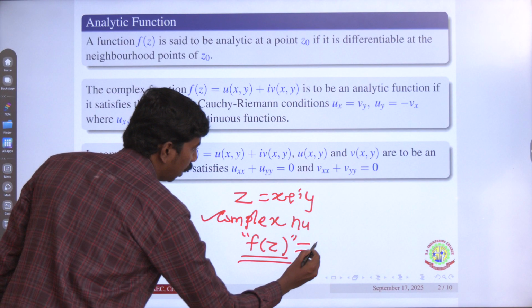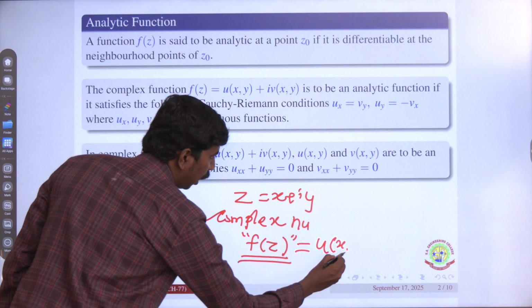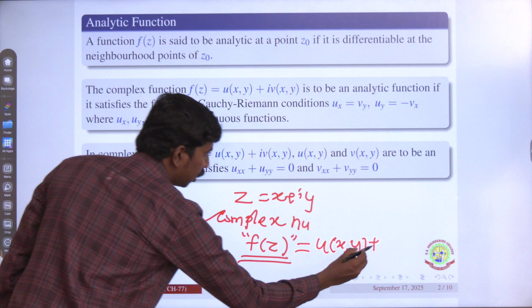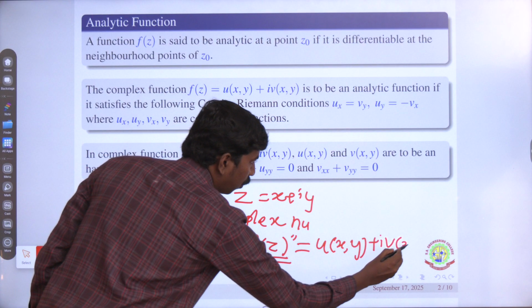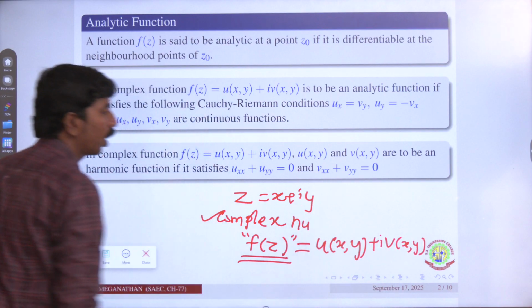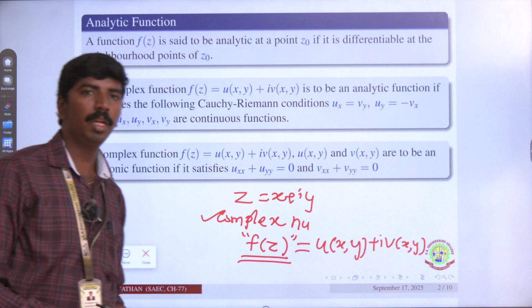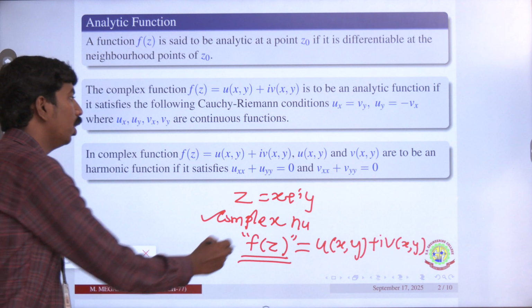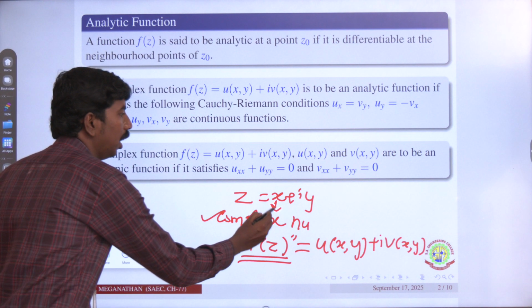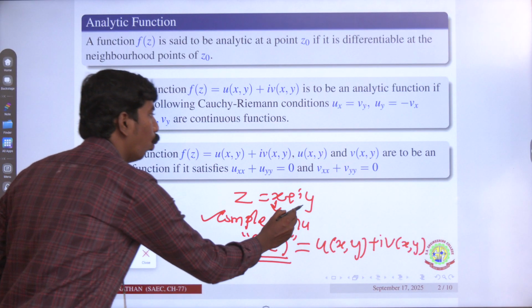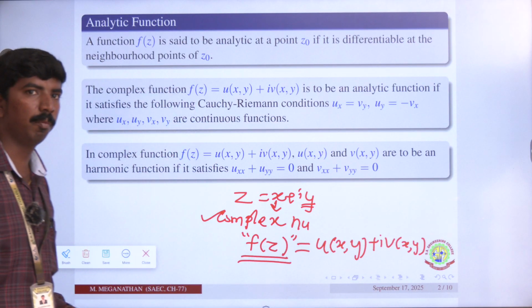That can be notated as f of z equal to u of x comma y plus i into v of x comma y. As we know, z equal to x plus iy, x is the real part of z and y is the imaginary part of z.